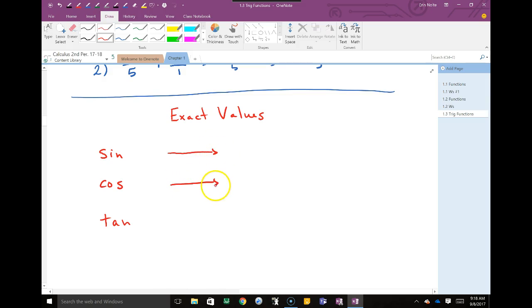What's the reciprocal of your sine? Cosecant. What's the reciprocal of cosine? Secant. And tangent? Cotangent.